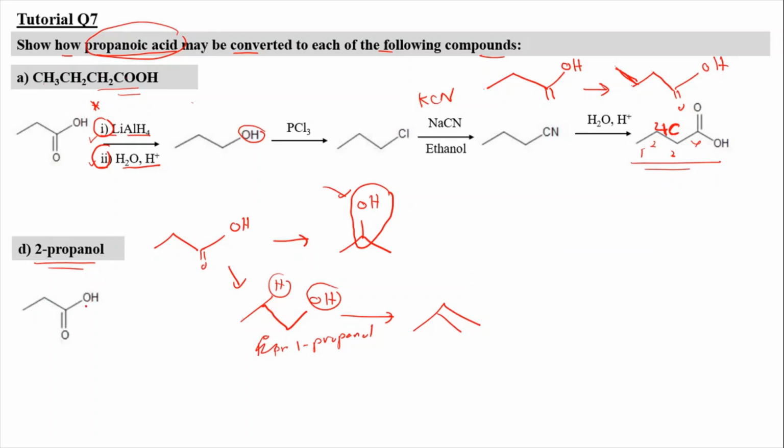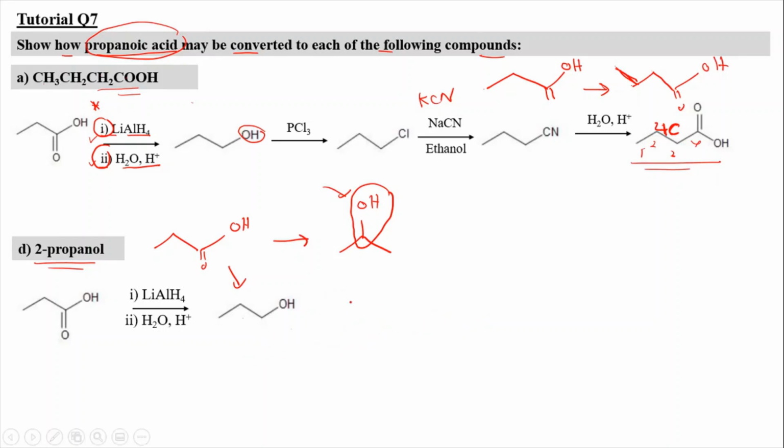So I have a propanoic acid here, and then I will undergo reduction into 1-propanol, and the 1-propanol can undergo dehydration with concentrated H2SO4 in order to produce an alkene here. Okay, so this is an alkene. And now we're going to react that again with water as well as the acid.